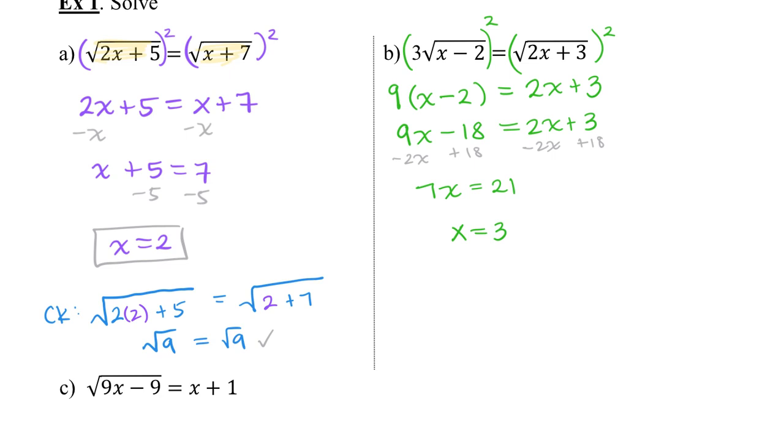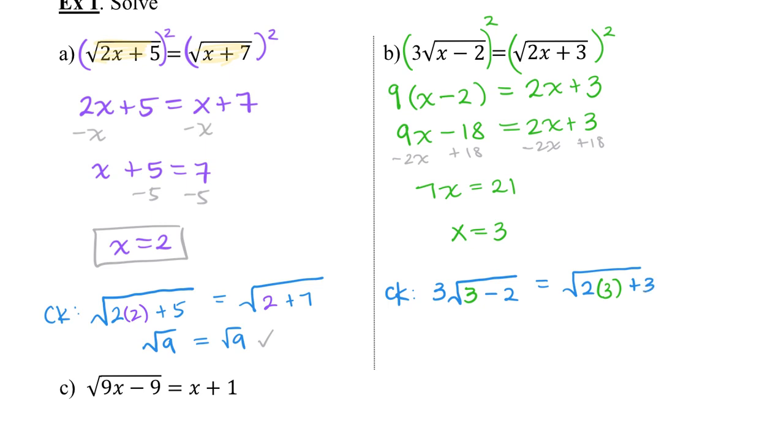Okay, now I'm pretty confident in my math, but I do need to check to make sure it works because you never know. CK for check. On your check, I'm copying the original equation, so it's 3 times the square root of x minus 2 equals the square root of 2x plus 3.